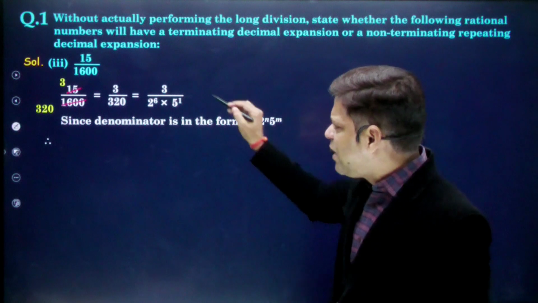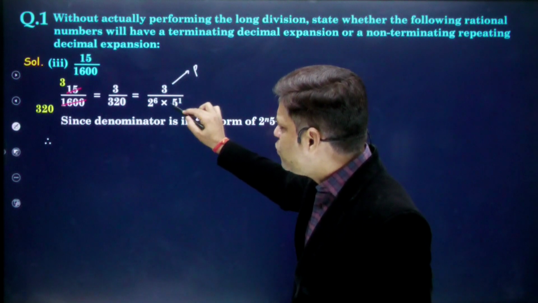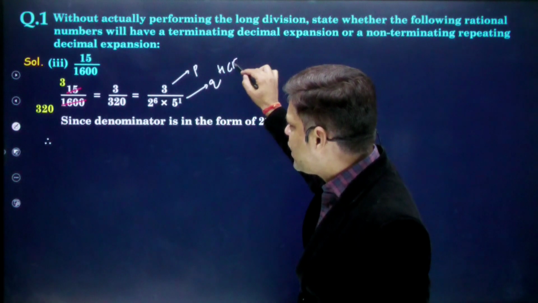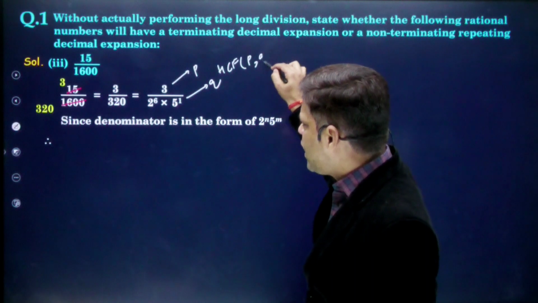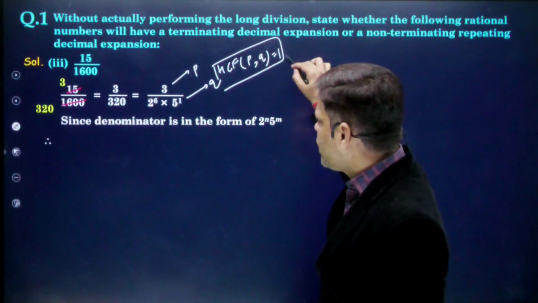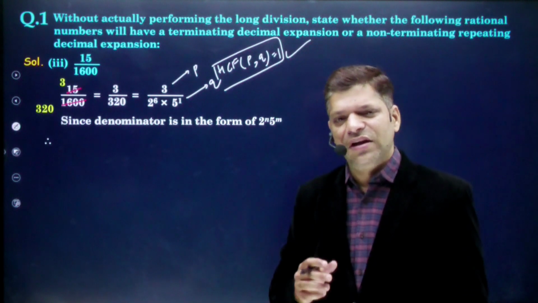So we can see that here p is 3 and q is 320. The highest common factor of p and q is equal to 1, so they are co-prime. Now we check the first condition, that they are co-prime.